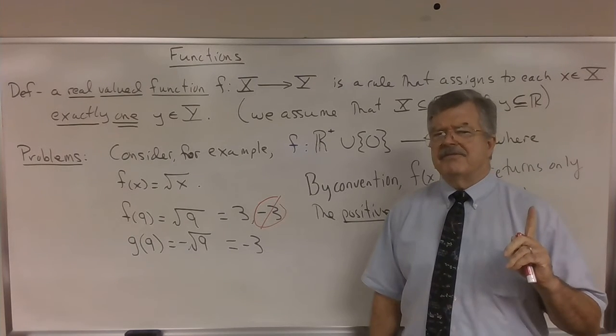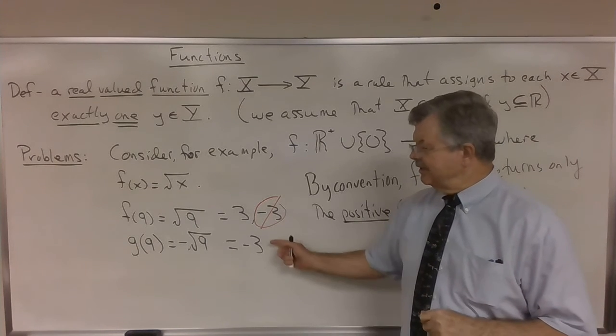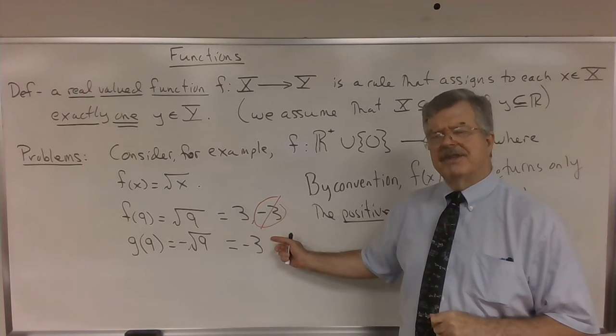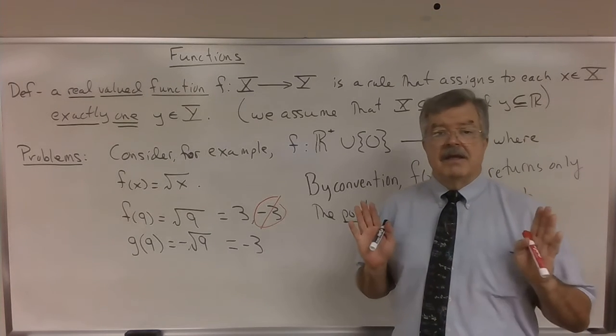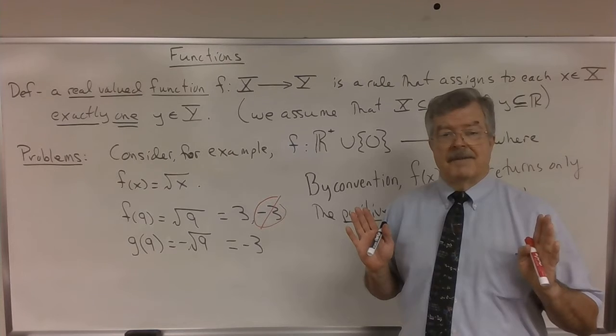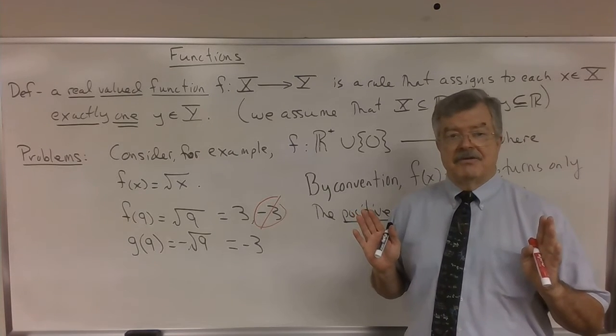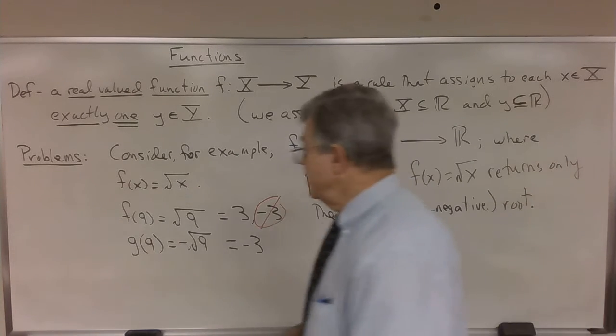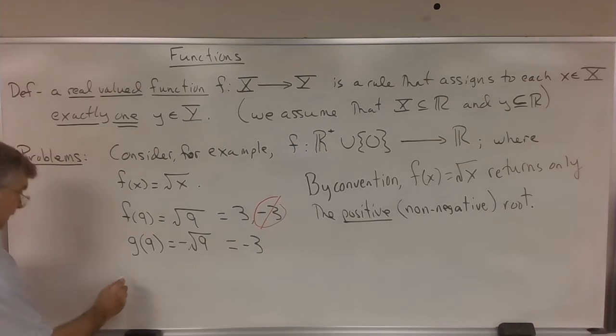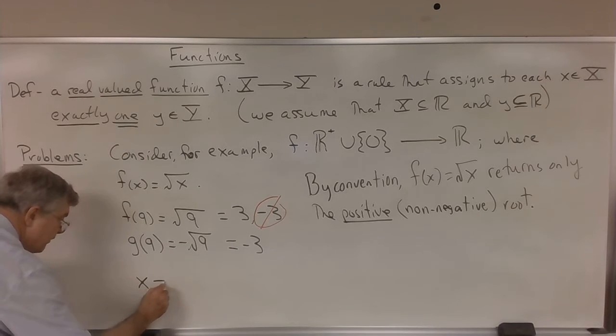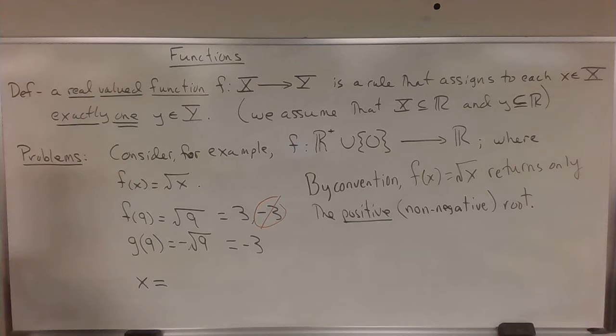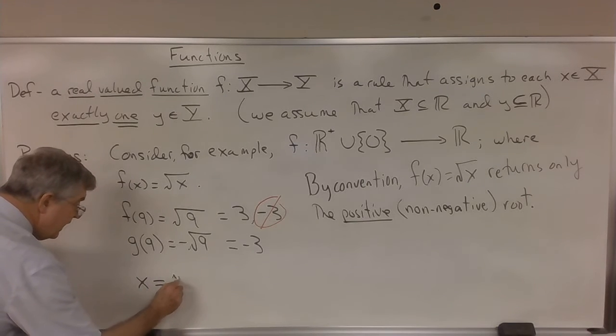One evidence of the fact that we're really more familiar with this convention than we might realize is the formula for the solution to a quadratic equation. The quadratic formula, typically a quadratic equation has two roots, unless it has a double root.